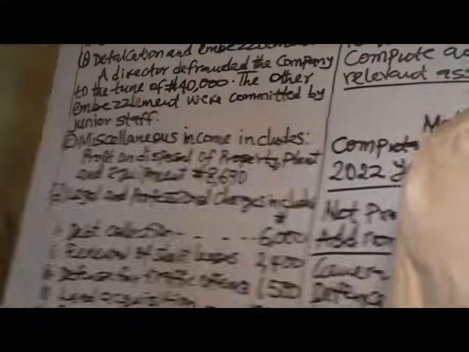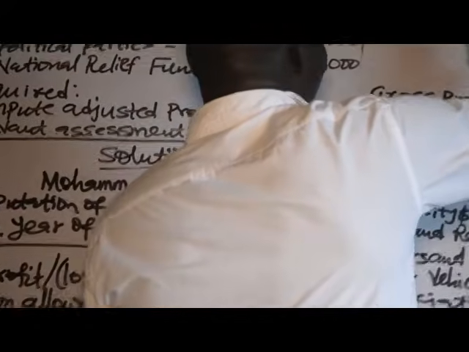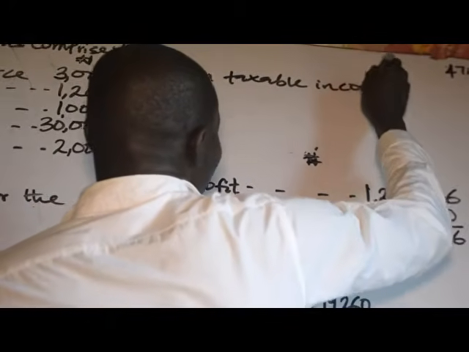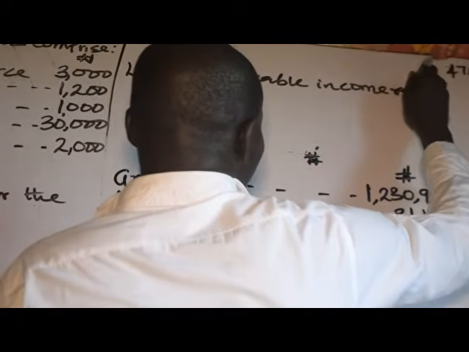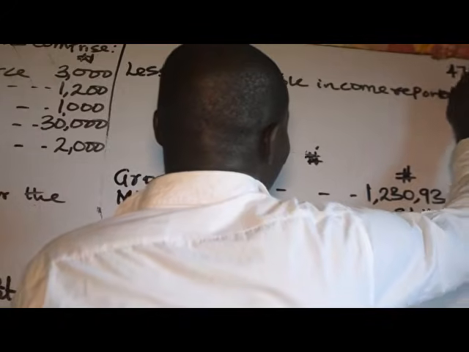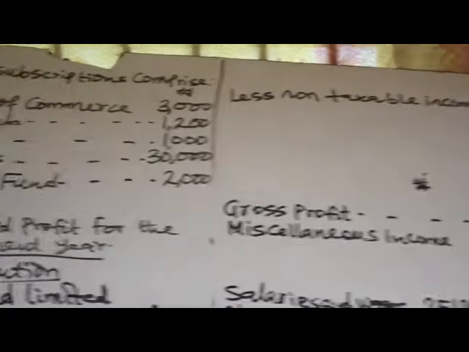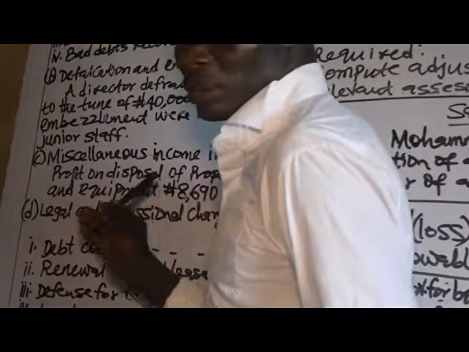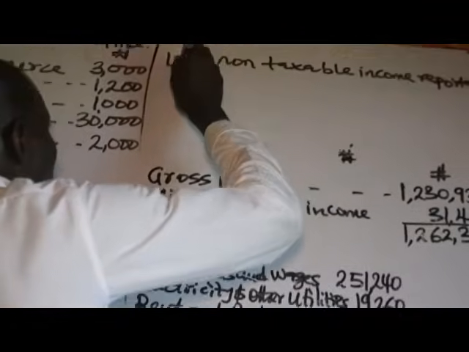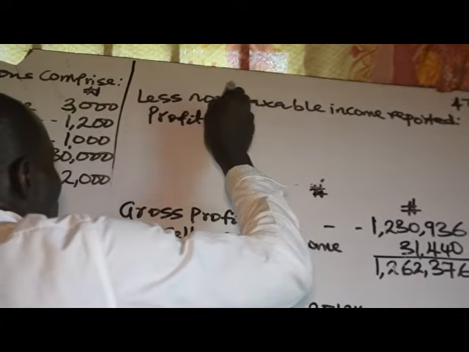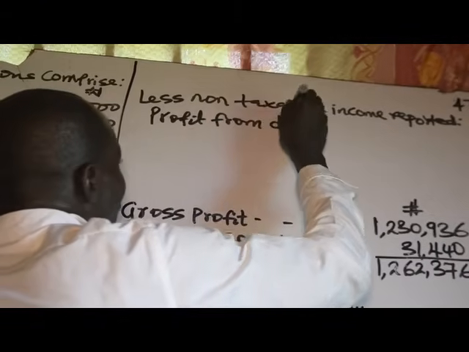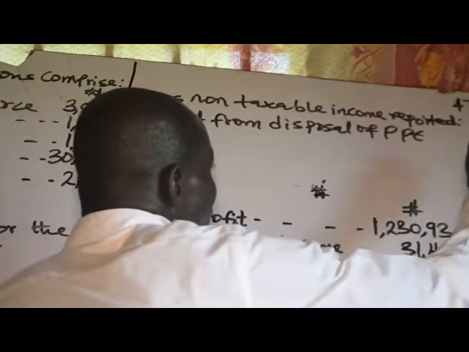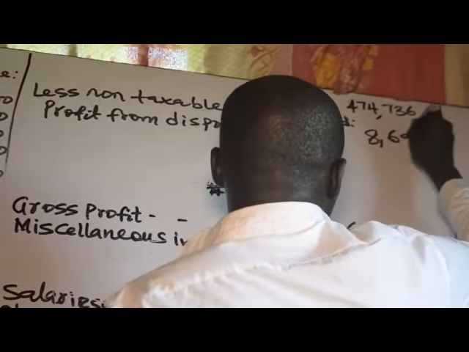So we now less not taxable income reported in account. And the not taxable income reported in account include a profit from disposal of property, plant and equipment of 8,690. So we have profit from disposal of PPE, which is 8,690.